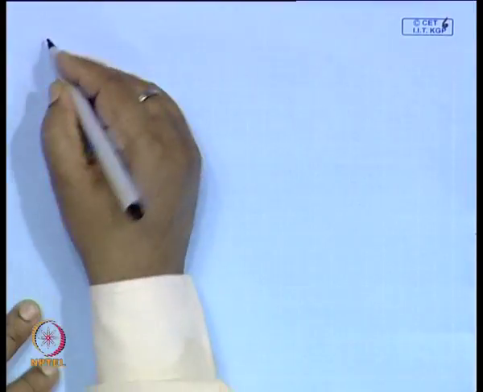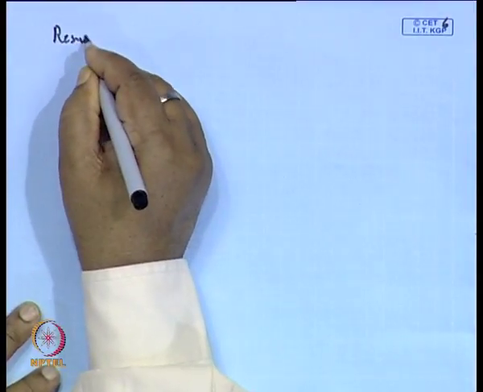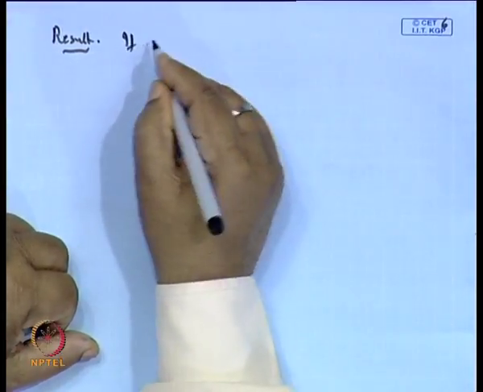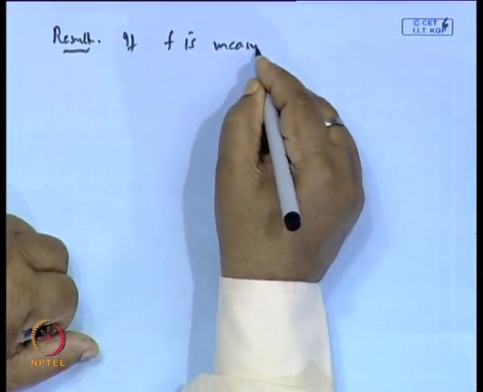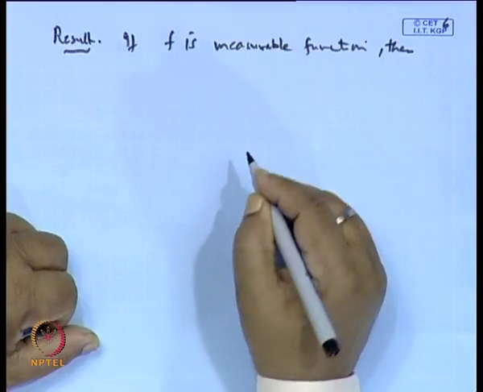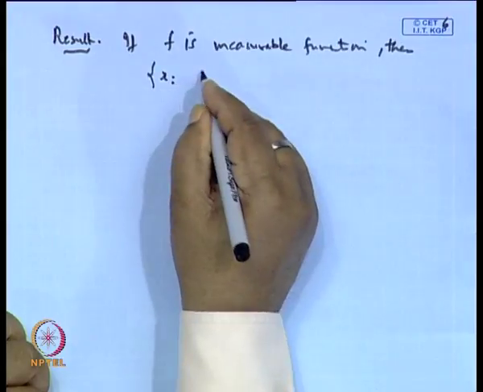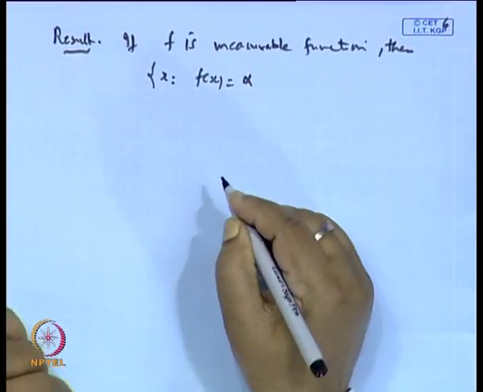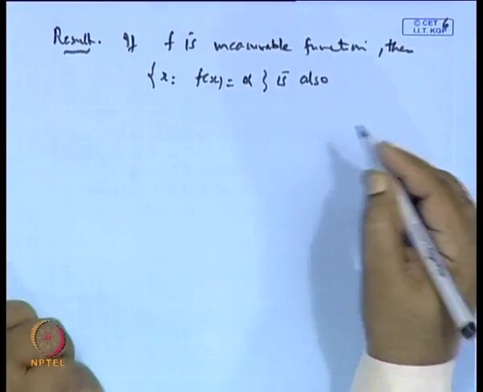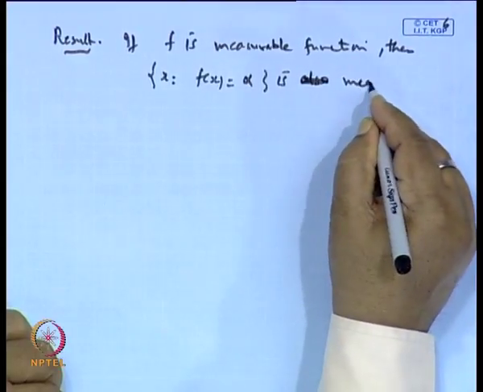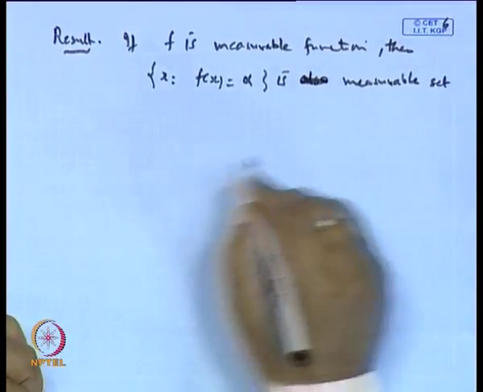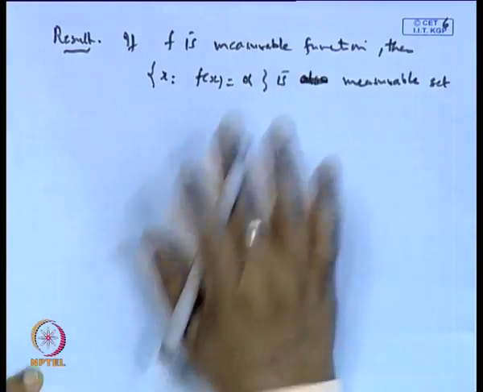Further, it can be shown easily that if f is a measurable function, then the set of those points where f(x) equals the constant alpha is also a measurable set, for any extended real number alpha.